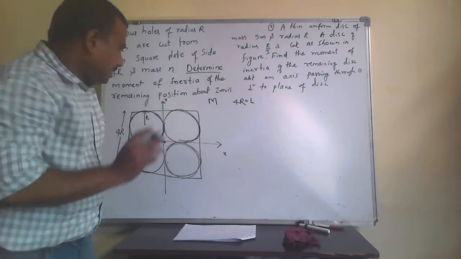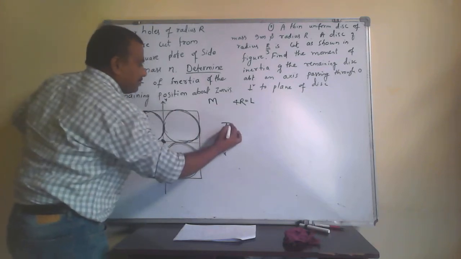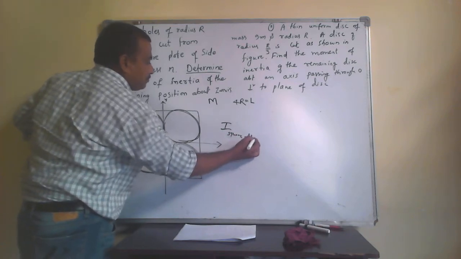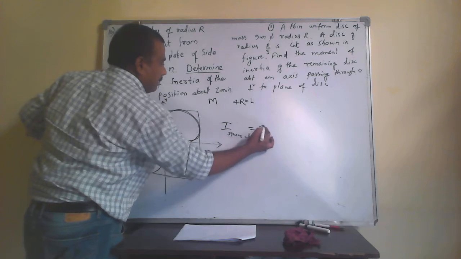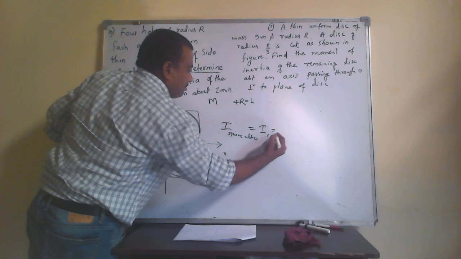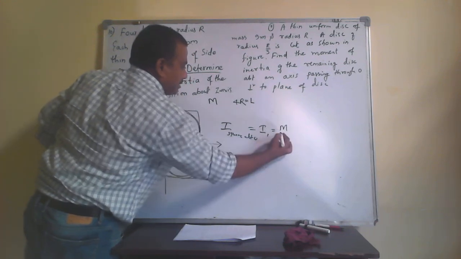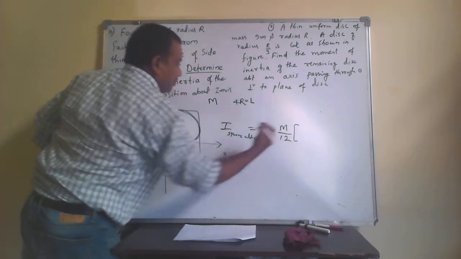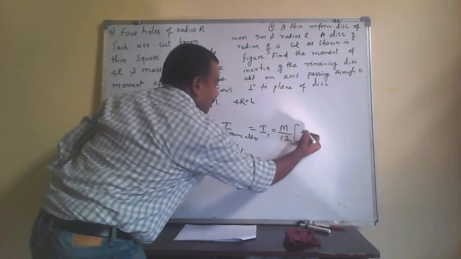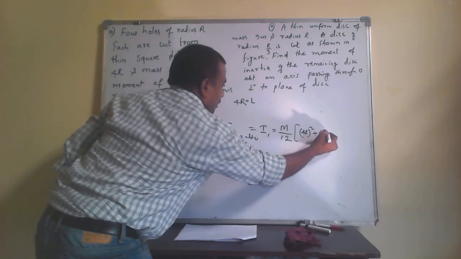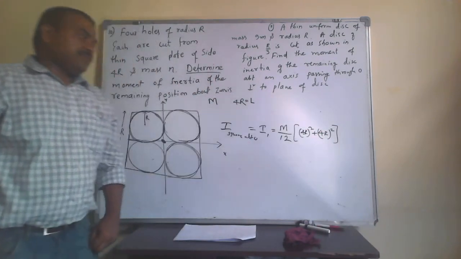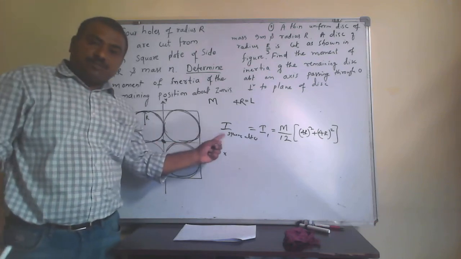The moment of inertia of the complete square plate about point O, say I1, is given by M, the complete mass, by 12 into (4r whole square plus 4r whole square), that is 16r square plus 16r square. This is the moment of inertia of a square plate about the center.